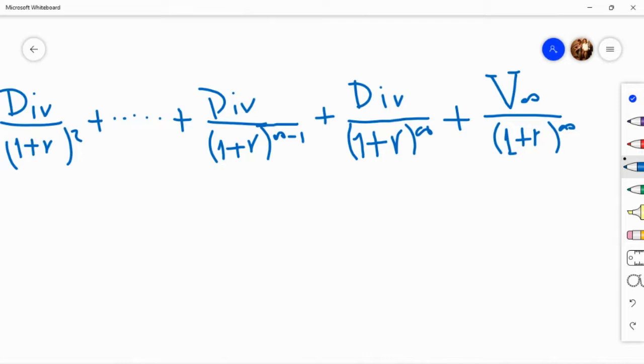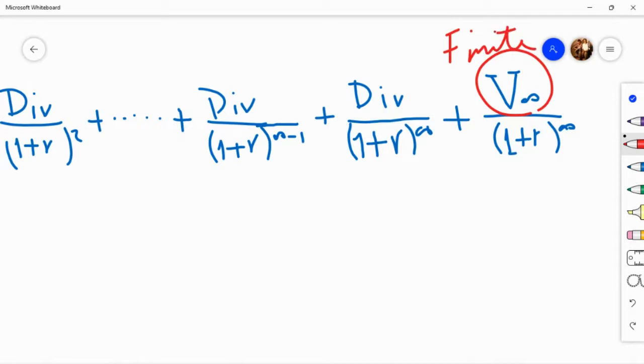But it really doesn't matter whether we can pinpoint the stock price at that time or not, because all we need to assume is that there will be a price of the stock at infinity. In other words, the price will be a finite number, right? And I explained last time why it is going to be a finite number.